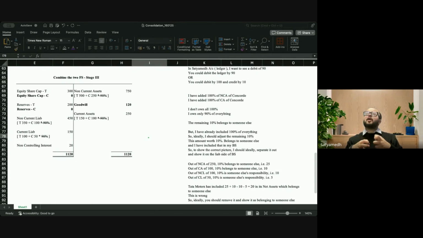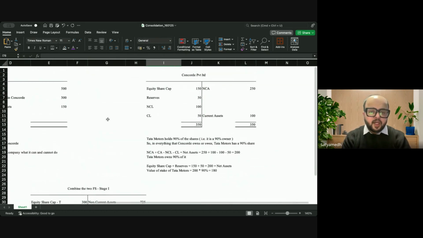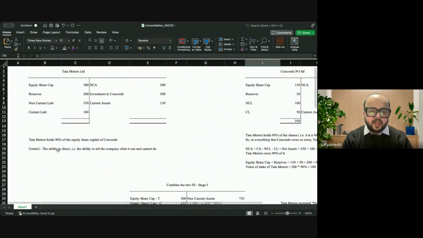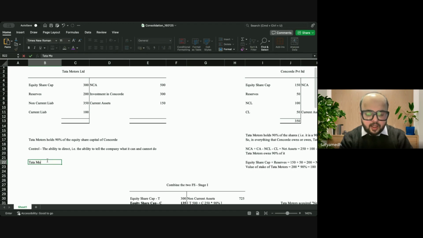Now, there will be a lot of other ingredients. I haven't introduced certain terms so far. This company, Tata Motors, is called the parent. The accounting standard calls it the parent company.